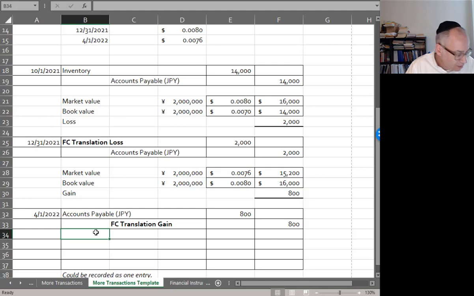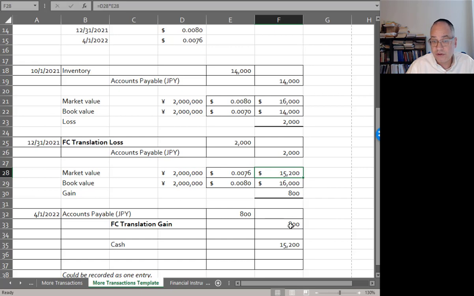Okay, now there's a little problem here, because we don't have any yen, but we owe $15,200 worth of yen. So we have to buy the yen. So I'm going to go to a foreign currency broker, and I'm going to give them $15,200, because that's the going value of 2 million yen.